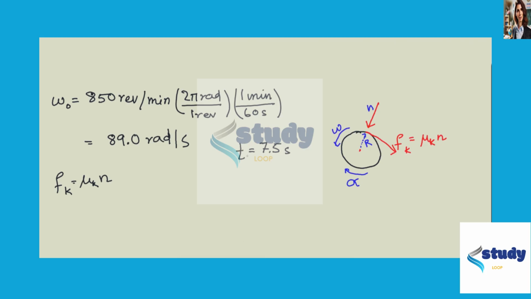So the total time it takes from omega naught speed to zero is 7.5 seconds, and the reason we say zero is because the grindstone stops. So omega final, let's write here, omega final is zero, right?